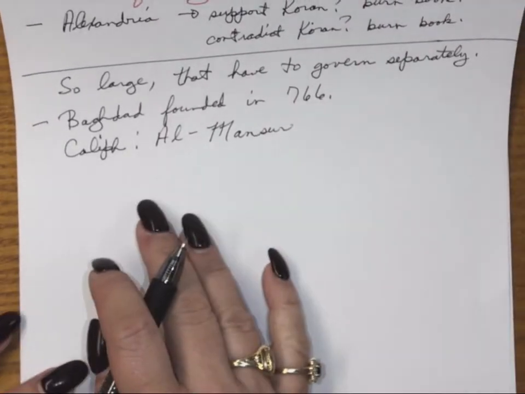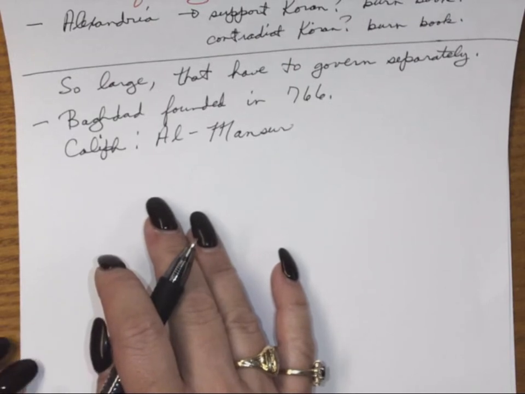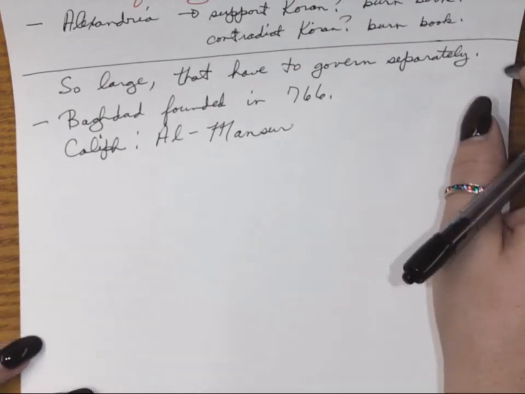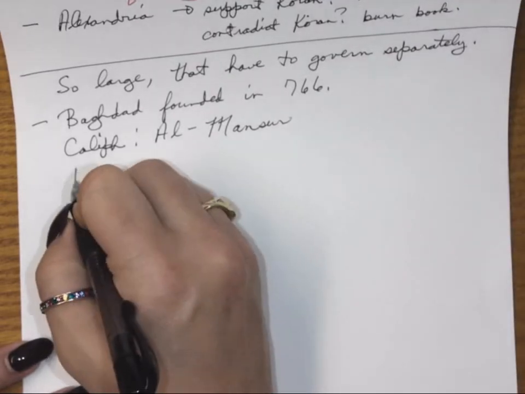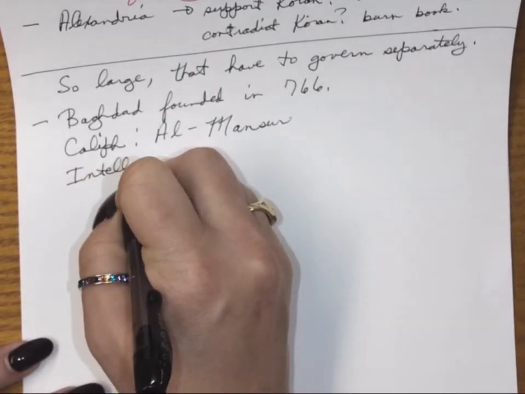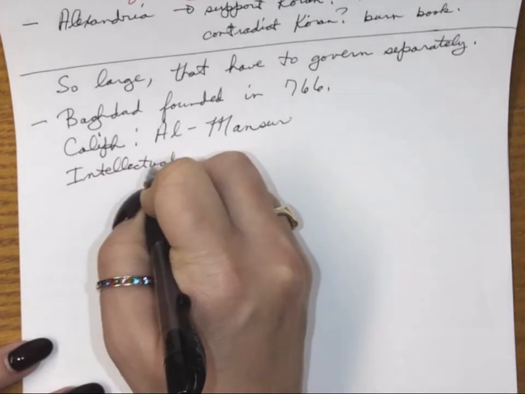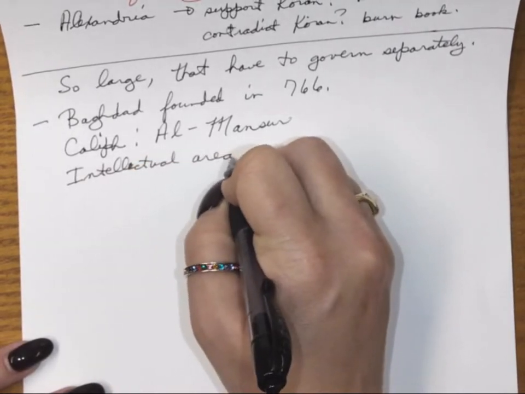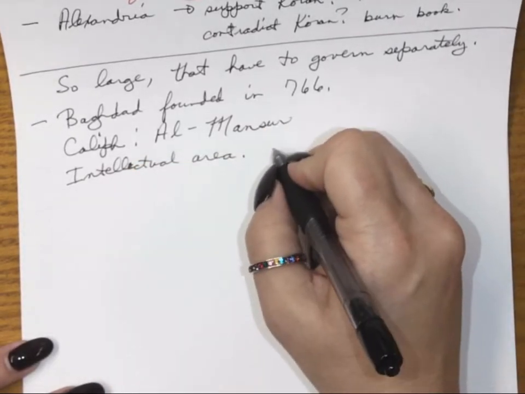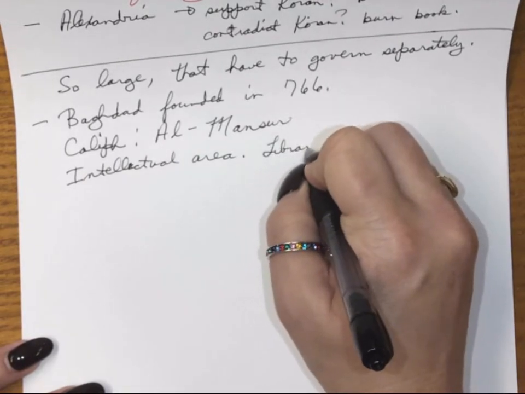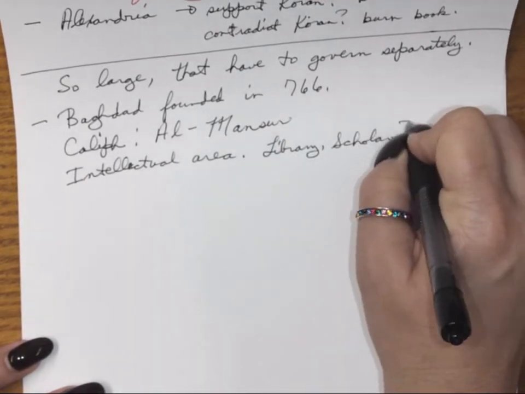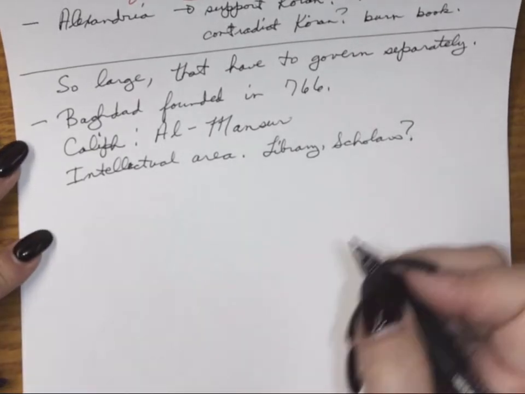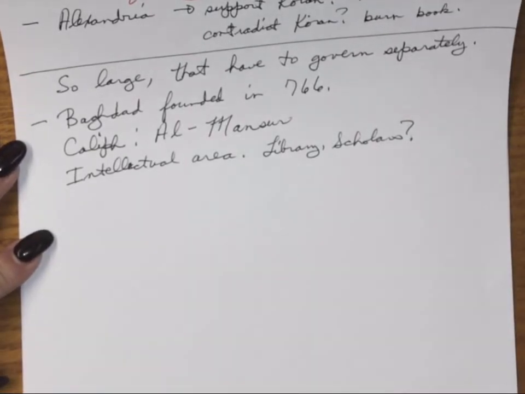Okay, and whenever he is in charge, he actually believes in an intellectual area. Okay, maybe we shouldn't burn everything. He creates a library of his own, and he wants scholars there. And he's trying to figure out how to get that to happen.